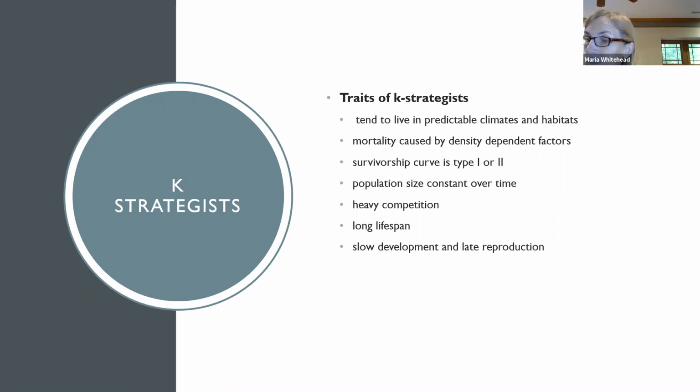They tend to live in more predictable climates and habitats. Mortality is caused by density dependent factors. Population size is constrained over time. We often see heavy competition, longer lifespans, slow development, and later reproduction in these guys.